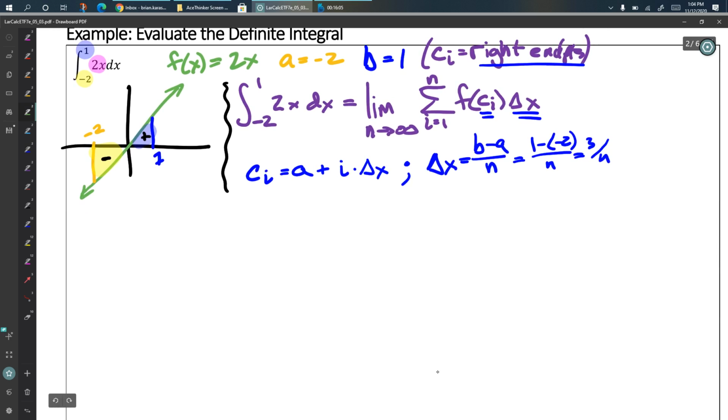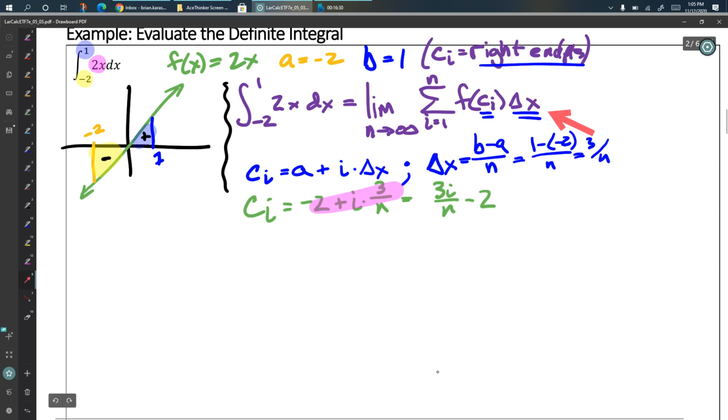So that means that c sub i is going to be negative 2 plus i times 3 over n, okay, or 3i over n minus 2. Just clean this up. Okay. Now what I need to do is I need to take this, put it there, this, put it there, and see what the math gives me.